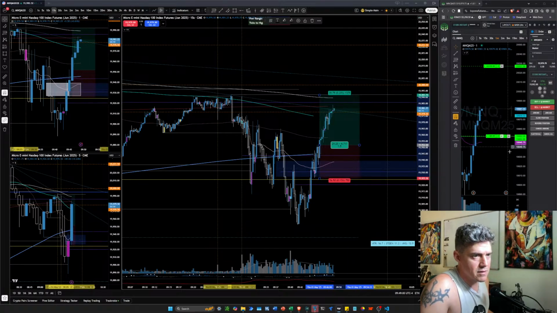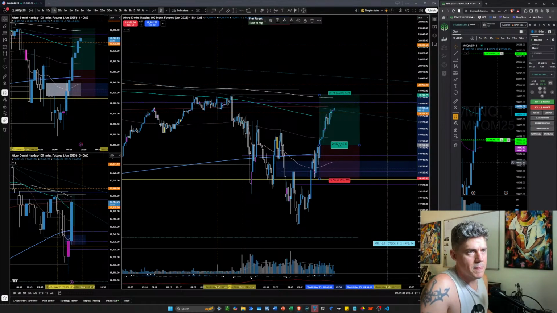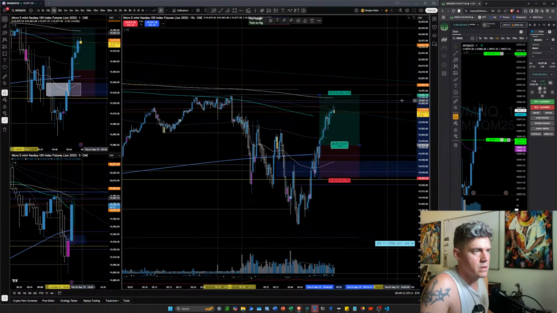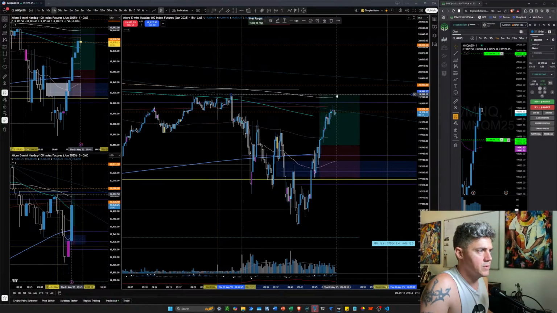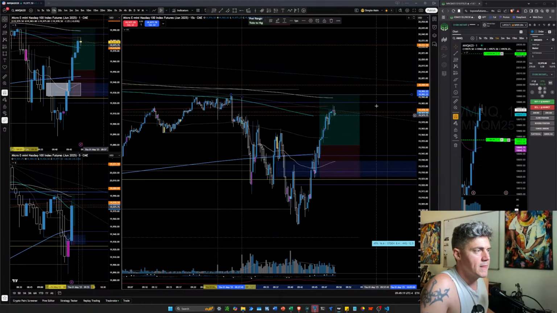Meaning I can pay myself. 1.5 is 978. Wait, no. 1.5 is 991. Which is nicely lining up with the liquidity I think we're going to hit.